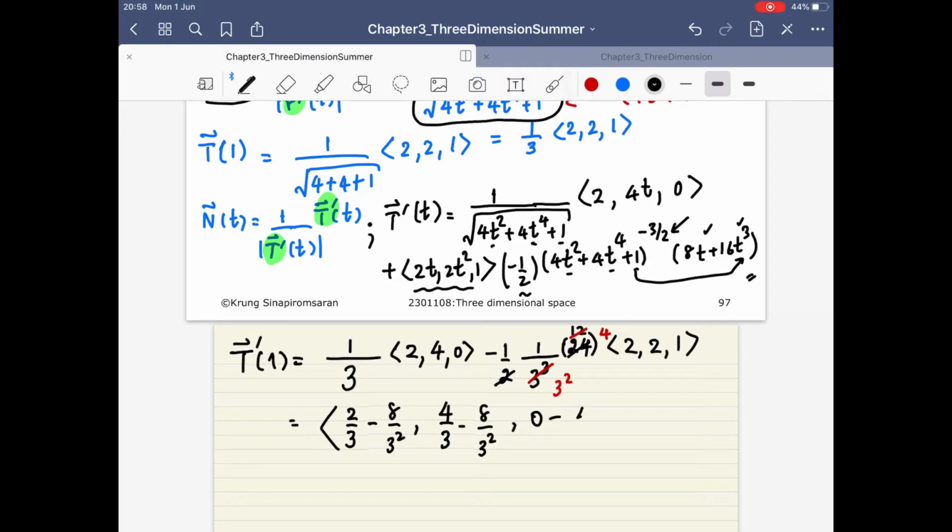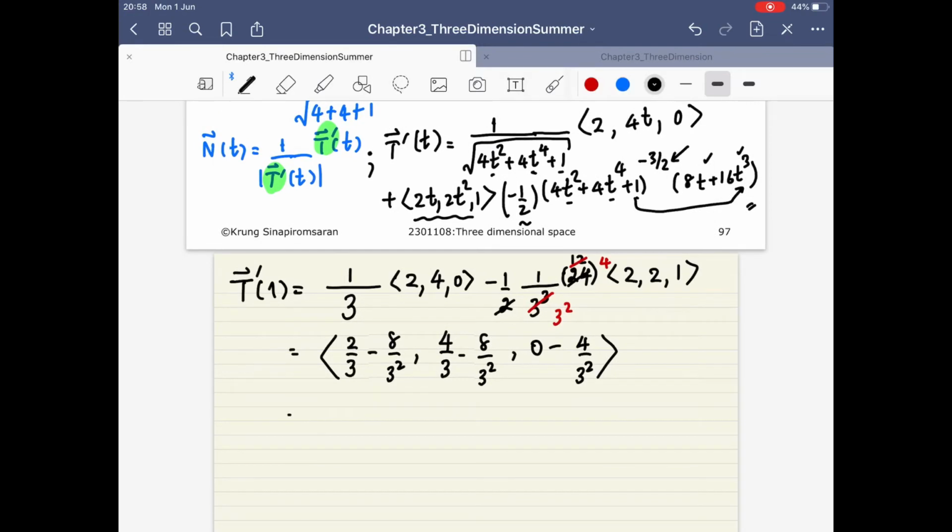minus 4/3 square. Okay, so this one you just multiply by 3, so you have -2 over, you got -2/9, is it? This one you again multiply by 3, so you got 4/9, and then this one it has nothing to do, so you got 4/9.